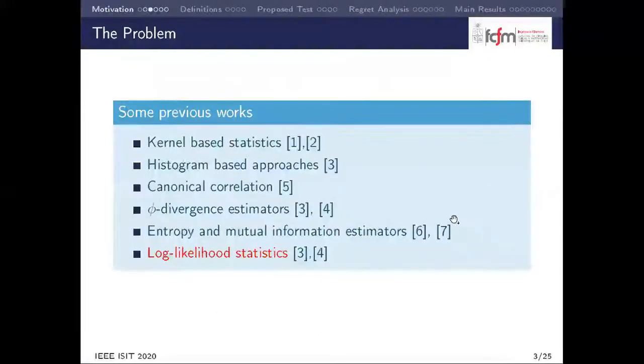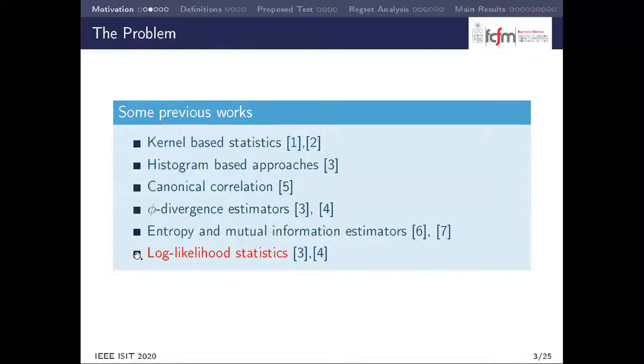There are some previous works based on this strategy, like the histogram-based approaches, and other works that are not based on this kind of partition scheme, like the kernel-based statistics. The one I would like to highlight is the log likelihood statistics, which is a method based on this kind of partitions. I want to highlight this because it's the one that we are going to use in this work.